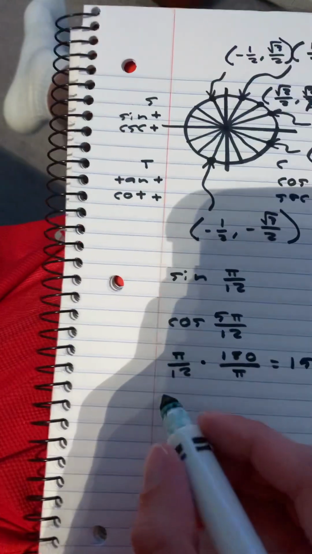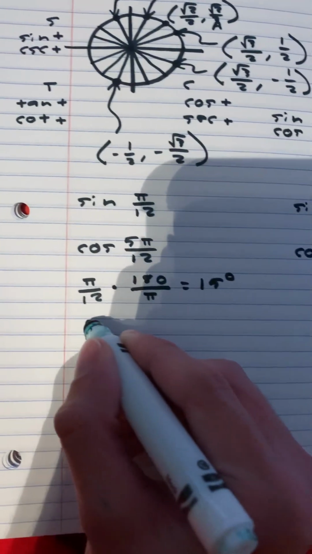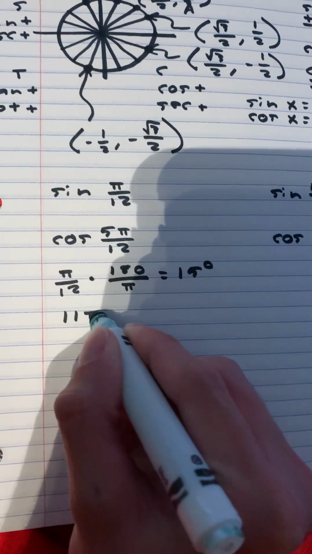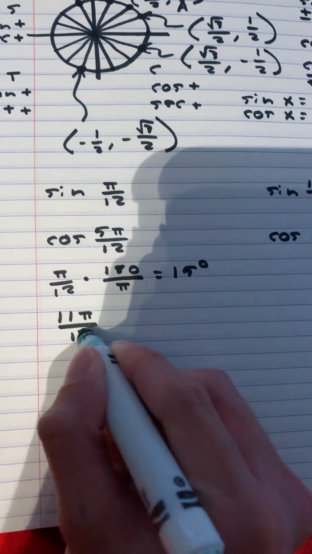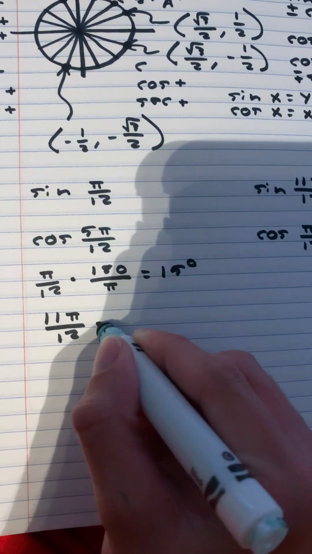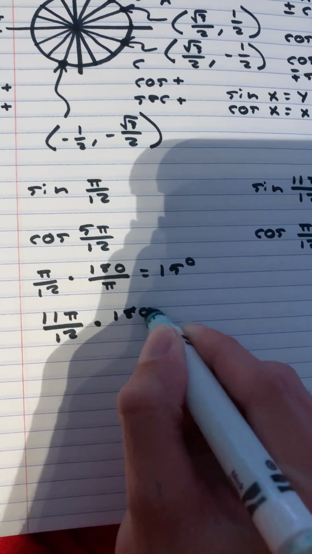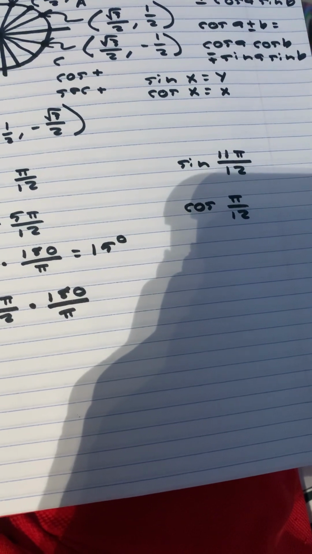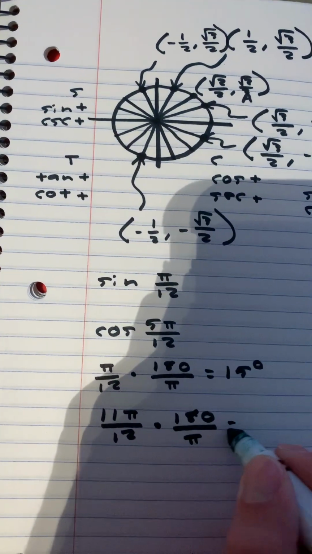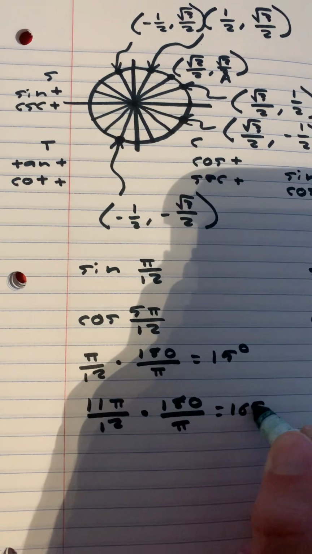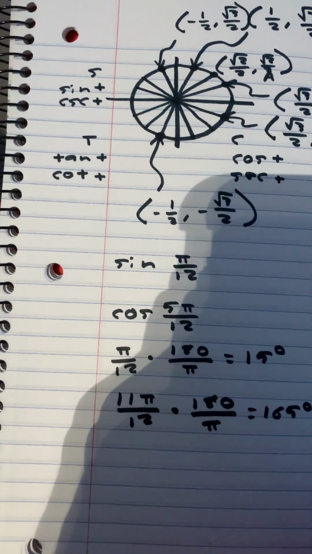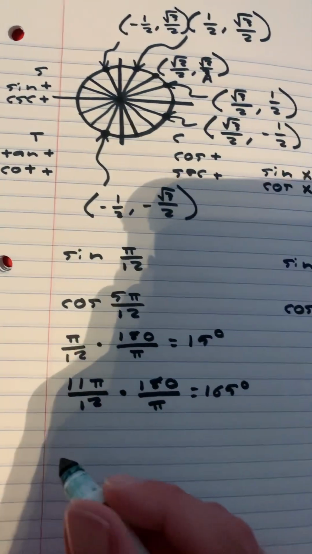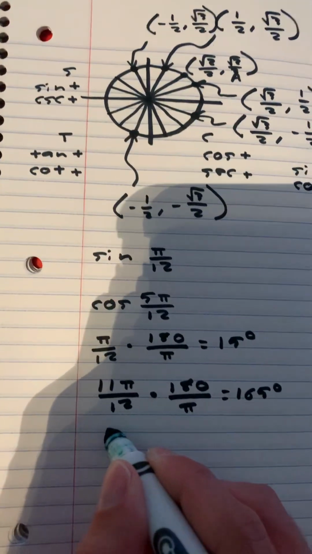I'm going to convert 11 pi over 12 now. Times 180 over pi. 165 degrees. And then I'm going to convert 5 pi over 12.